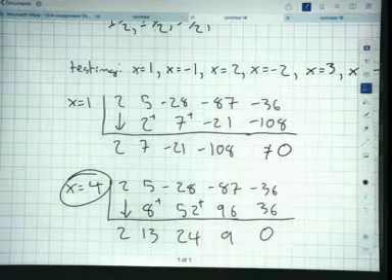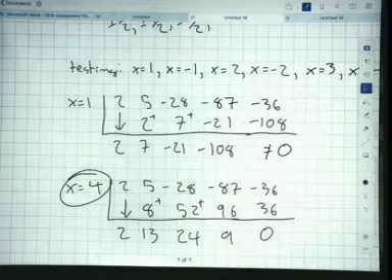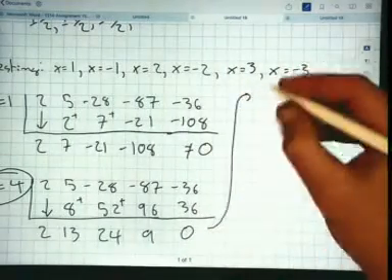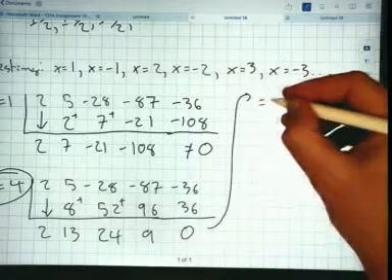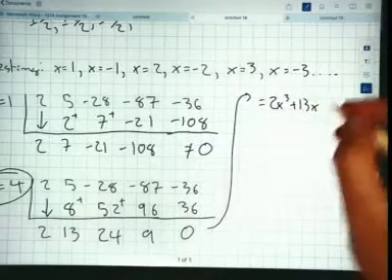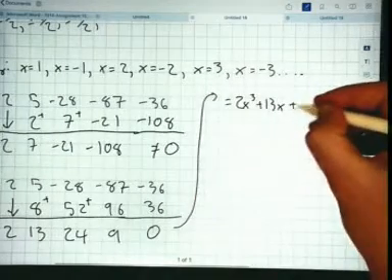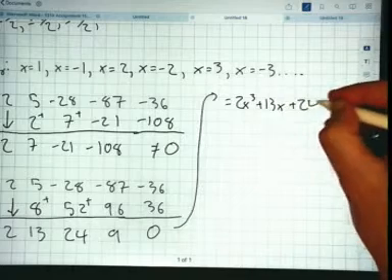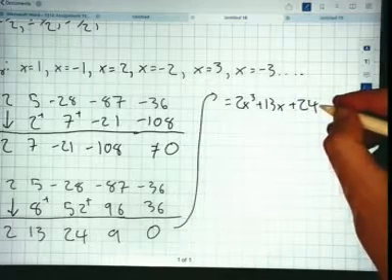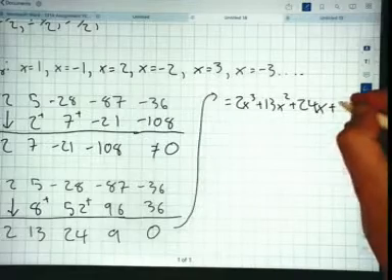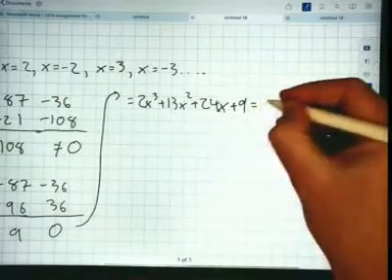So, just going to come up over here. This gives us 2x cubed plus 13x squared plus 24x plus 9 equals 0.